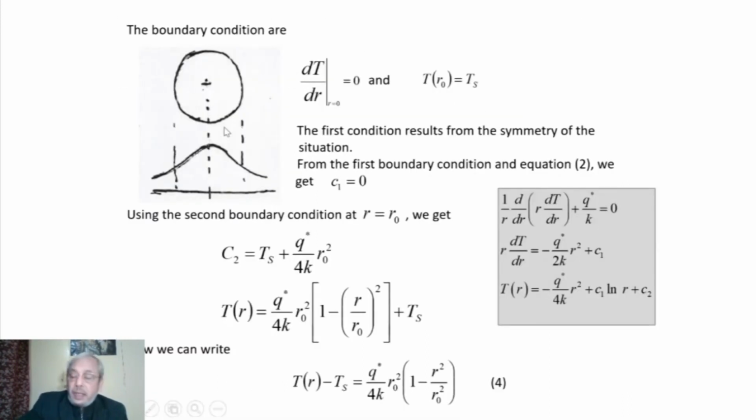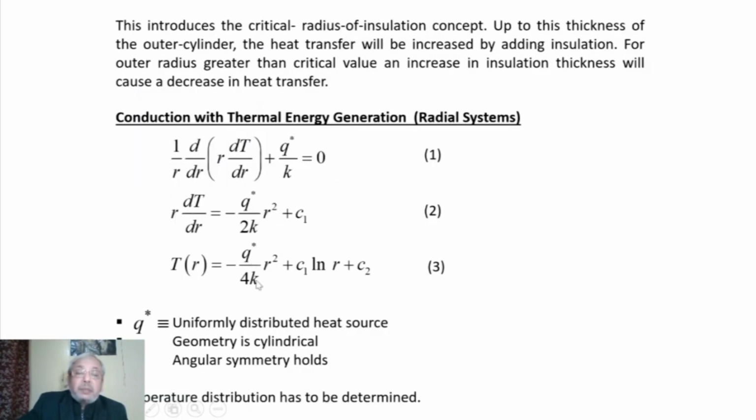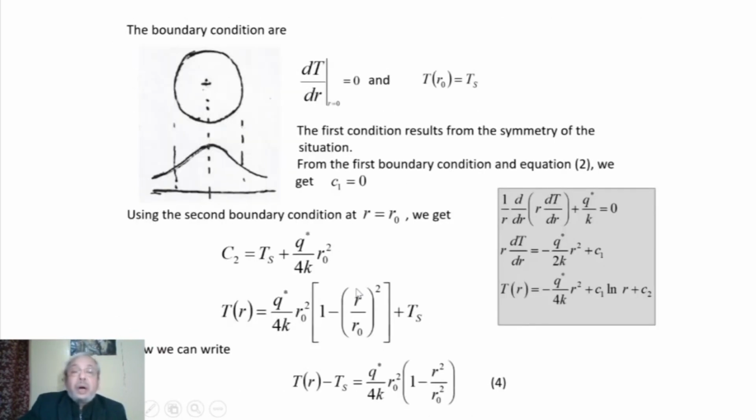Now we will apply the boundary conditions to determine C1 and C2. Obviously, at the center dT/dr equals 0. This results from the symmetry at any diameter.